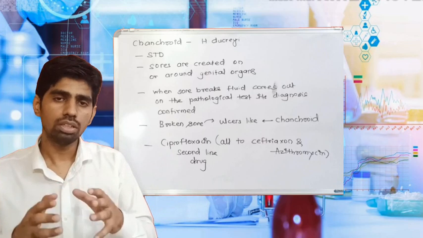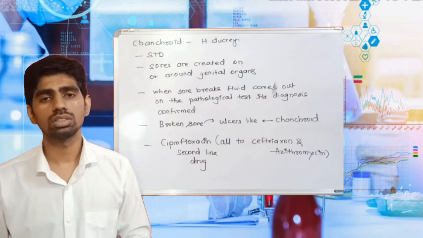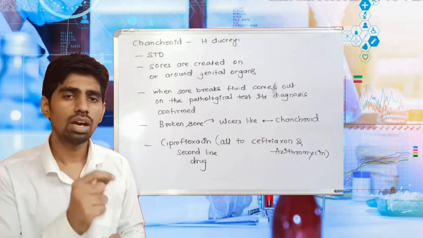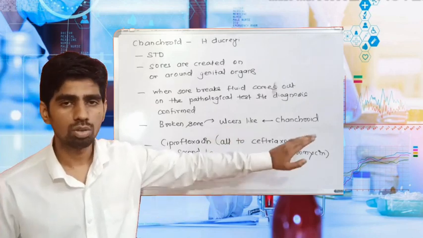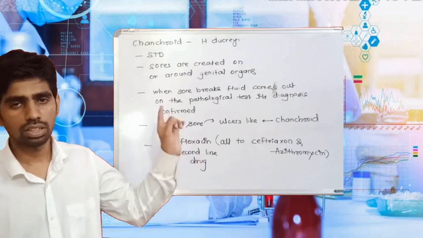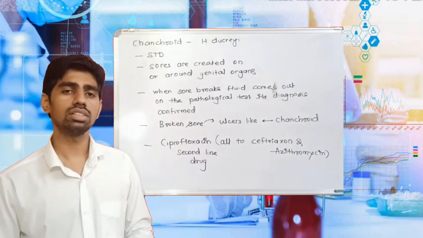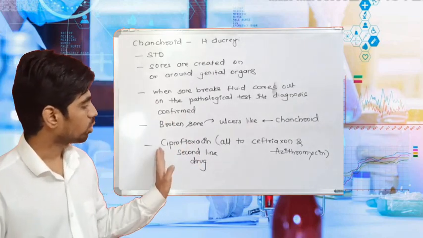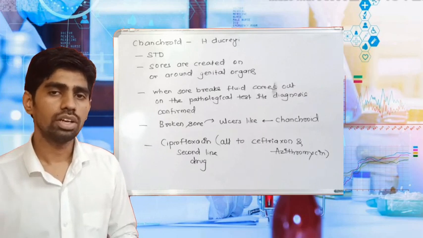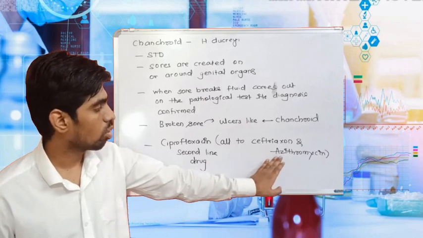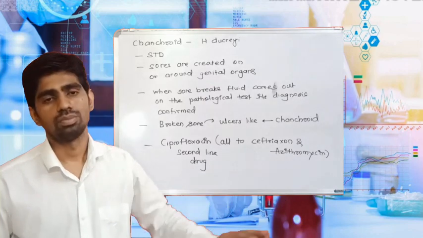What happens when that sore or bump on the skin breaks? Ulcers are created there, and those ulcers are known as chancroid, and that's why the disease is named chancroid. Ciprofloxacin is the second line drug. It is an alternative to ceftriaxone or azithromycin.